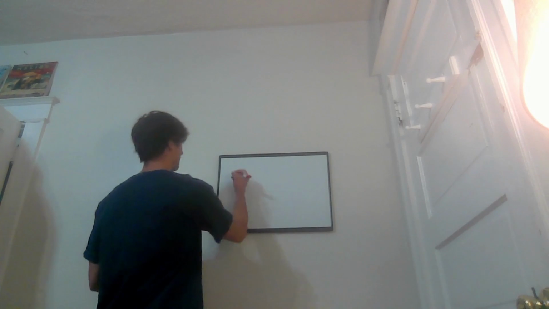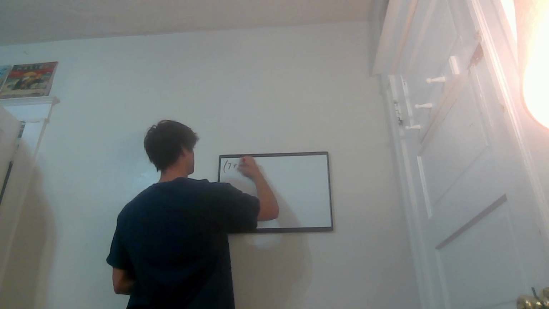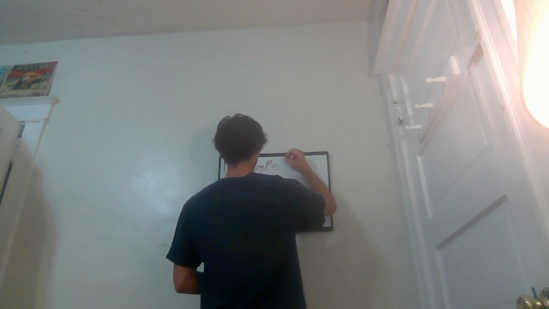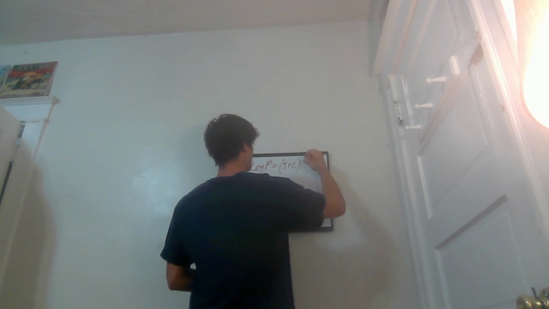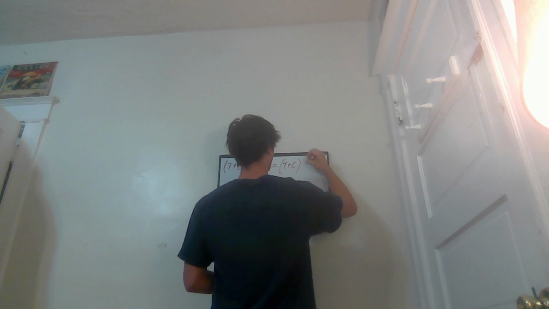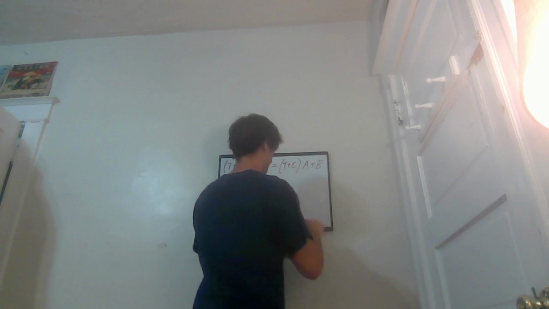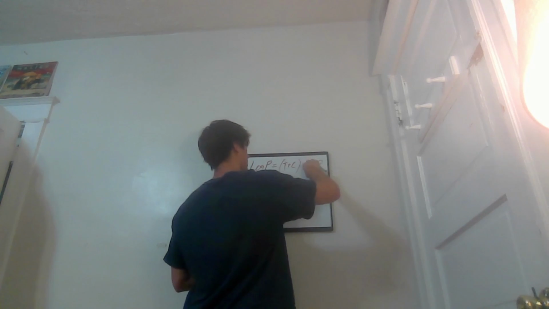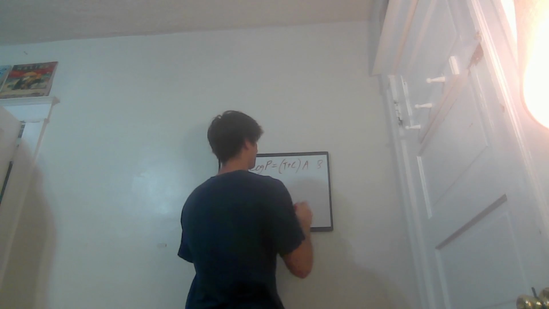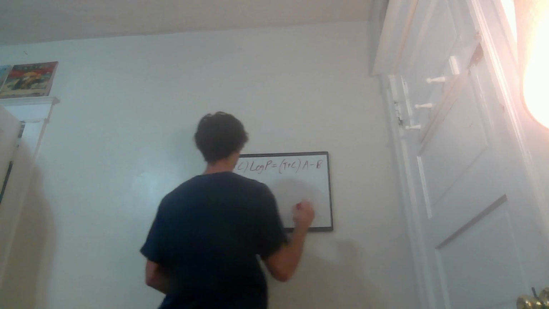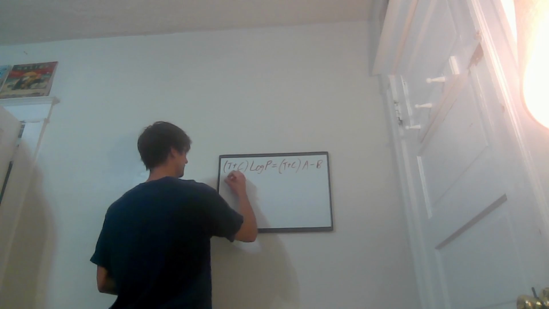So now what we have to do is turn this nonlinear regression into a linear regression. And we're going to start by multiplying by t plus c. So that's going to multiply by our log p on one side, and then by our a minus b. And then we're just going to multiply out.